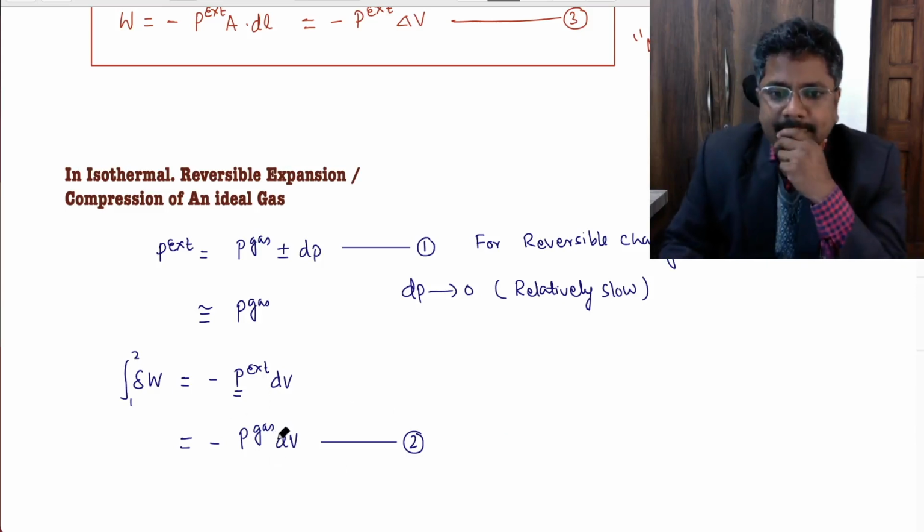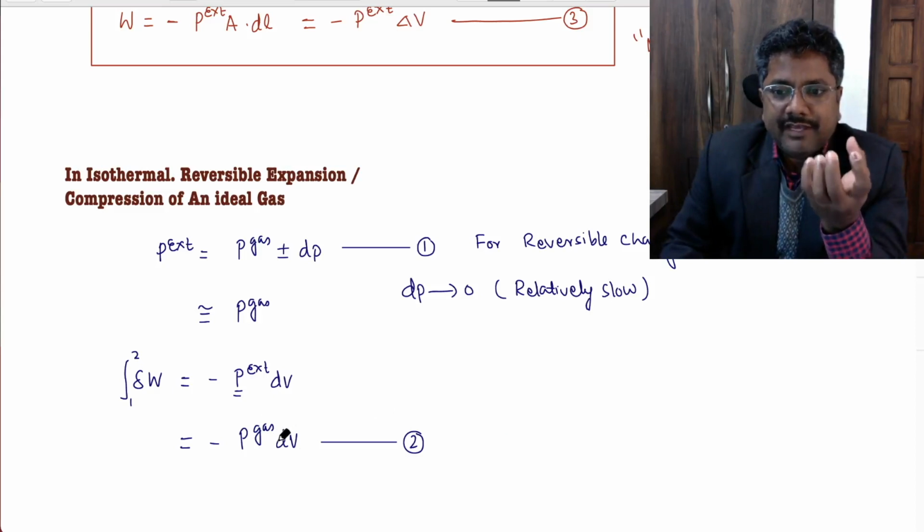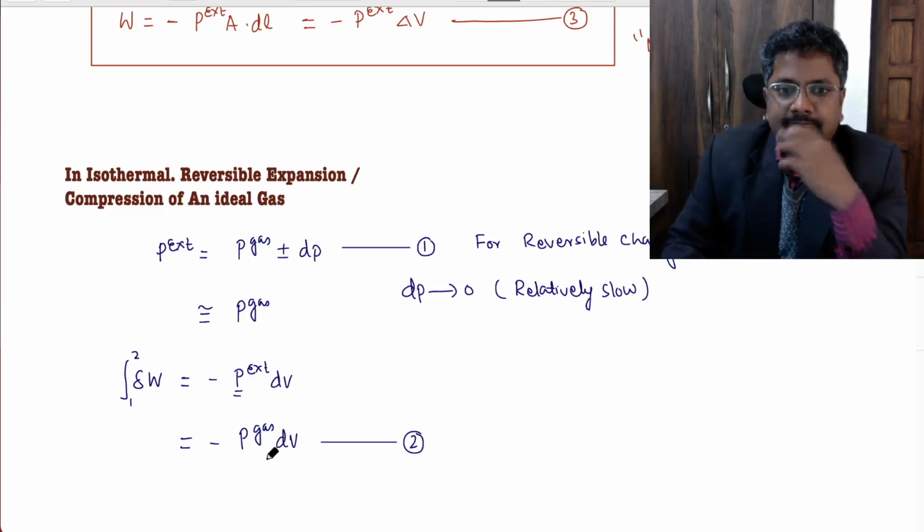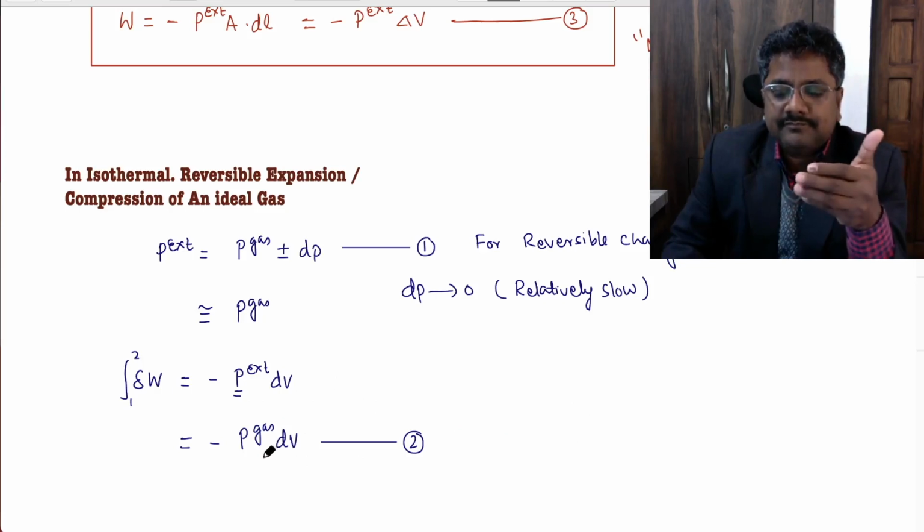Now wait for a few seconds and let's discuss this P gas. Tell me, is this P gas variable or is it constant every time? Think. Process is going on, piston is moving down or moving up very slowly. So at every instant your system is acquiring a new pressure.